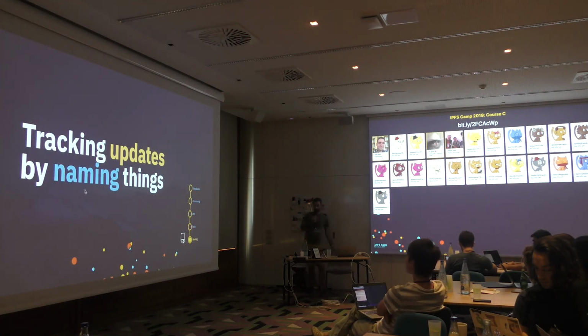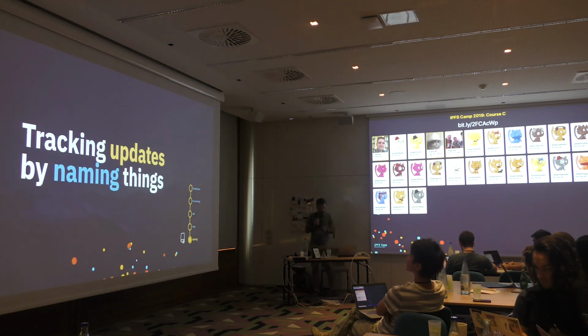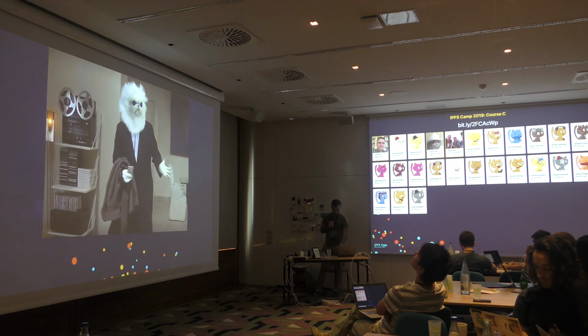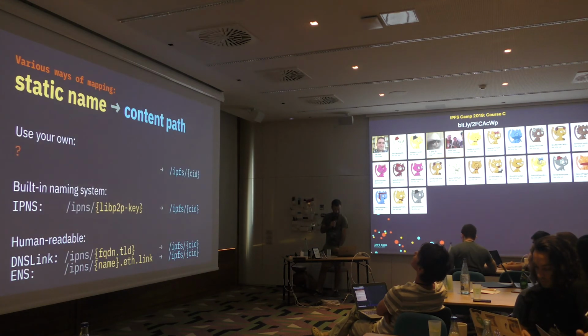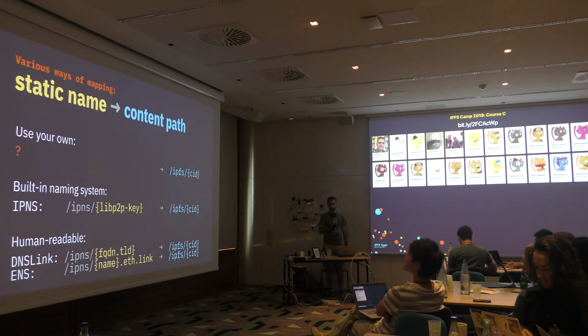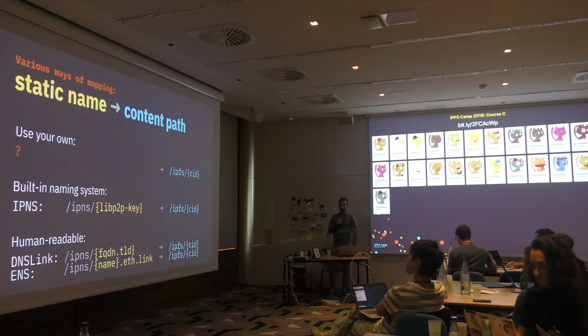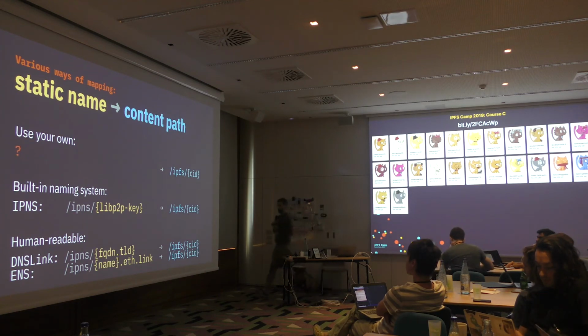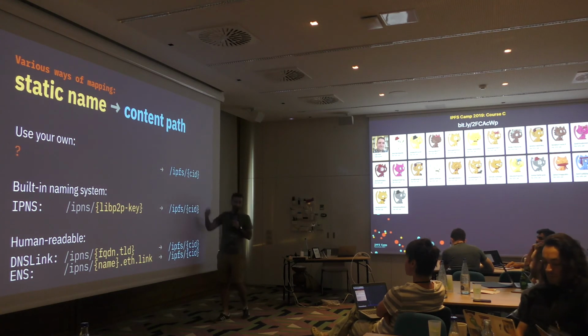So now we need a way to track updates by naming things, right? Of course we need. So this takes us to IPNS. We need a static name to the content path. IPFS is immutable, so if we change the content, the CID will always be different.